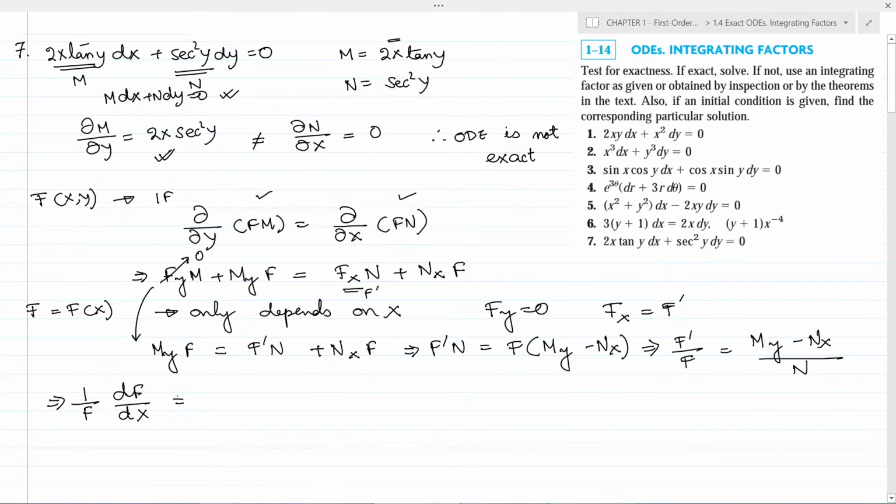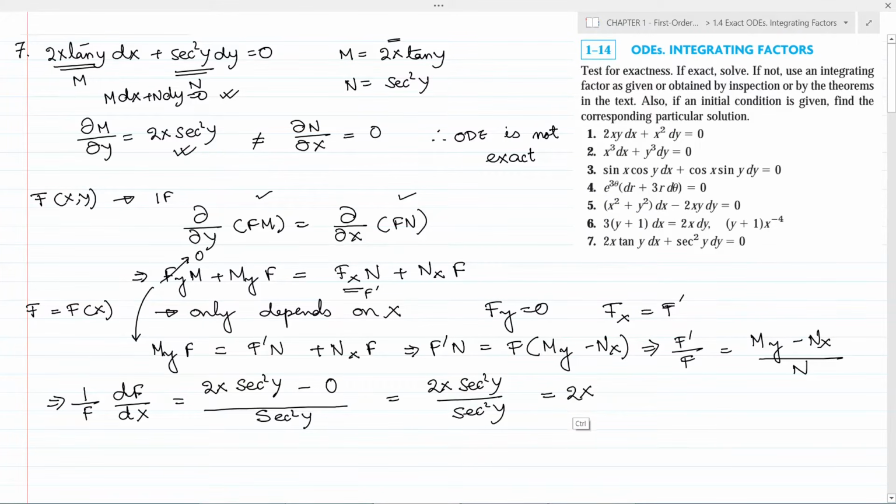This is equal to M_y, which is del M by del y, 2x sec square y, minus N_x, which is del N by del x equal to 0, divided by N, and we know N is sec square y, so this is equal to 2x sec square y by sec square y, or equal to 2x.